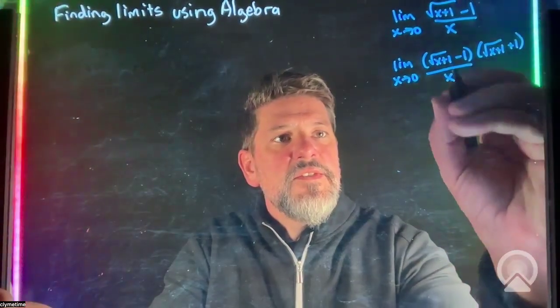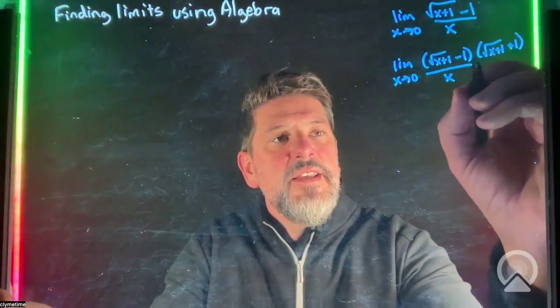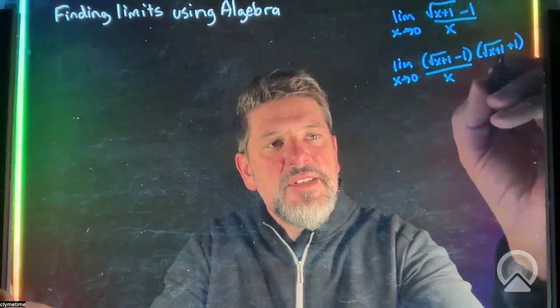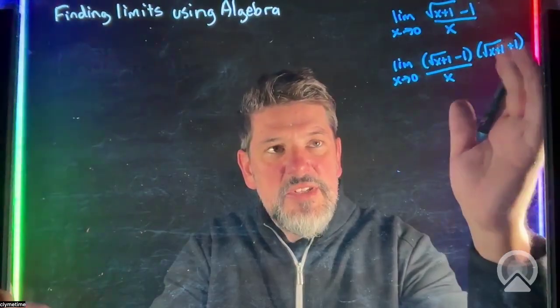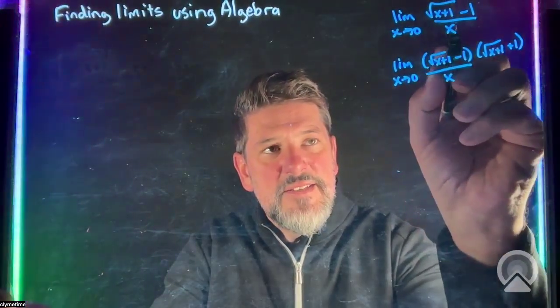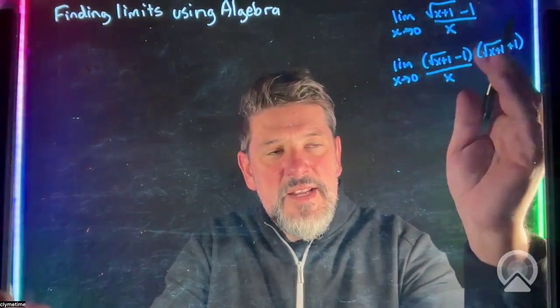Now this is the original expression here, and we want to multiply the numerator by the conjugate. Now, here's the thing. I can't just multiply an expression by some random expression because that will change it, and we don't want to change it. We're trying to figure out what the limit as x approaches 0 of that is. So I can't multiply the numerator by something and not expect to change it.